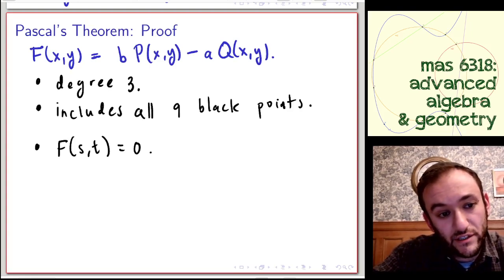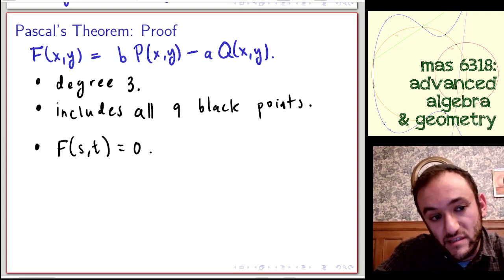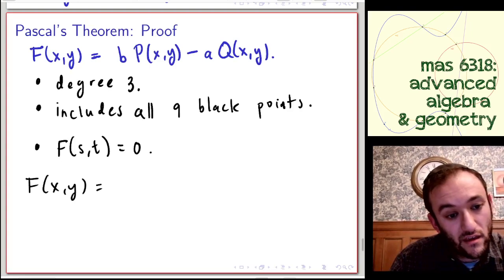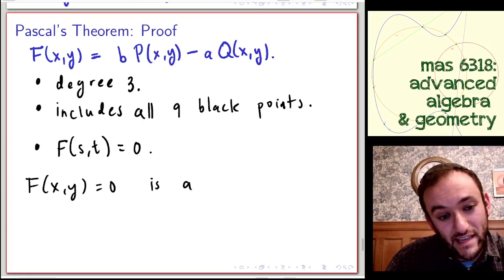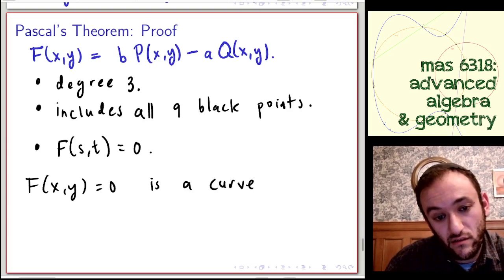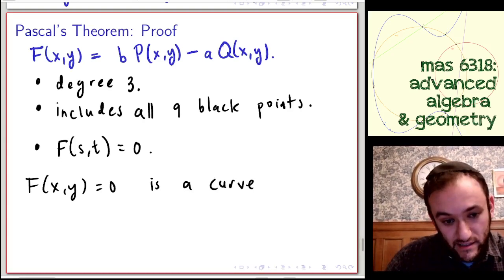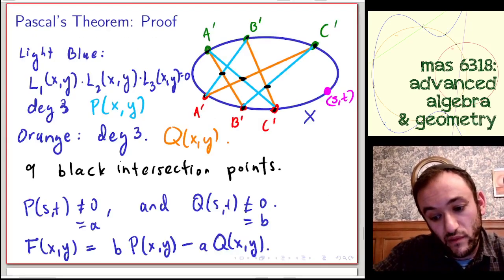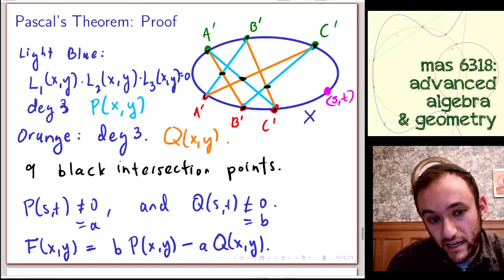Well, now we run into trouble, because we have this polynomial f. So f of xy equals 0 is a degree 3 curve, and it's intersecting our conic.